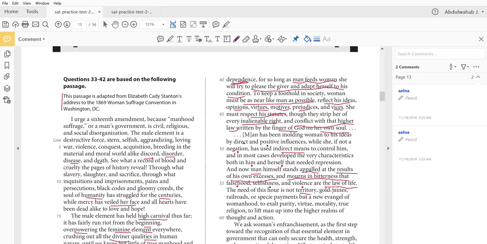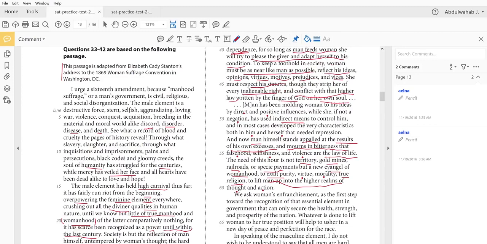We shouldn't care about territory or gold mines, money, or railroads, or small payments, but a new evangel of womanhood, a new right of womanhood, to exalt purity, virtue, morality, true religion, actual religion, not the one manipulated by men, to lift man up into the higher realms of thought and action. So even to improve the mental state of man.